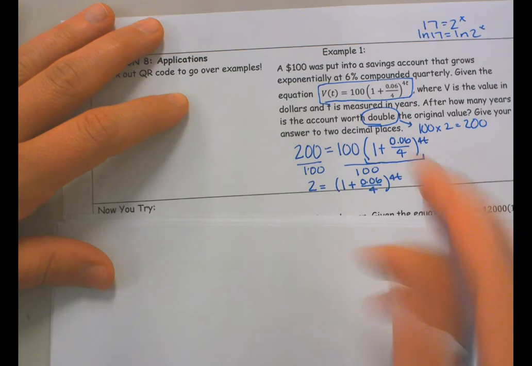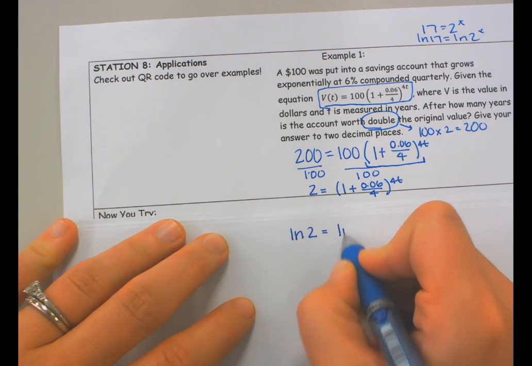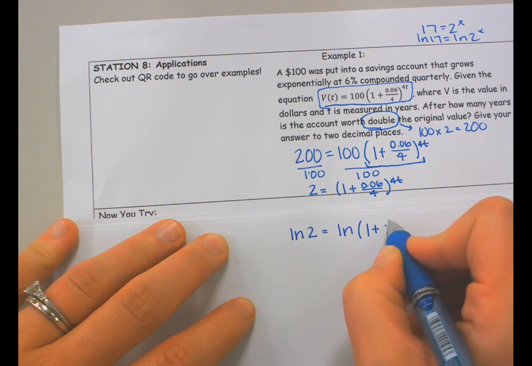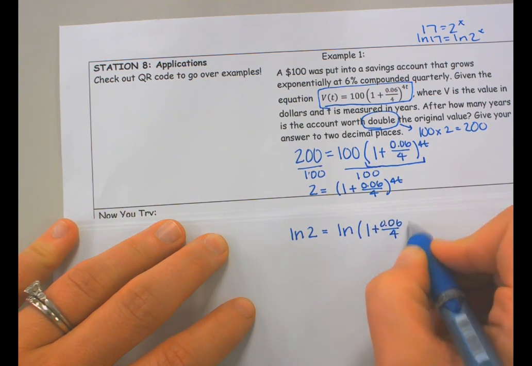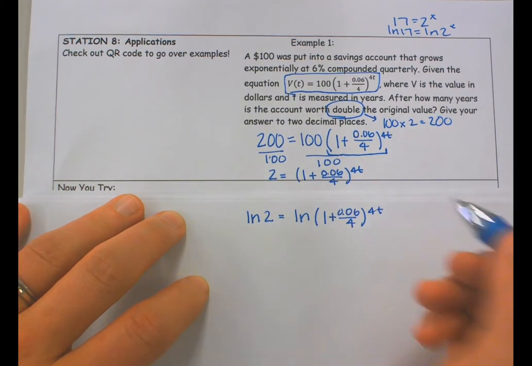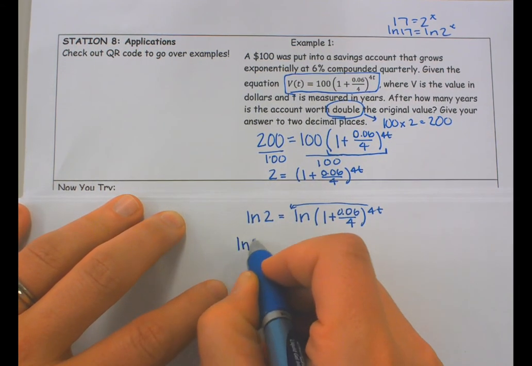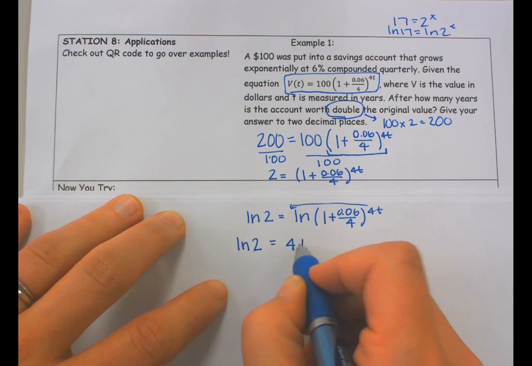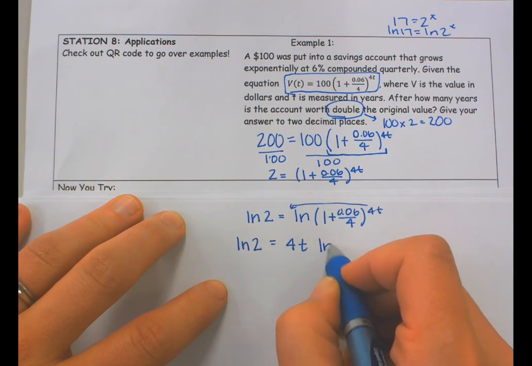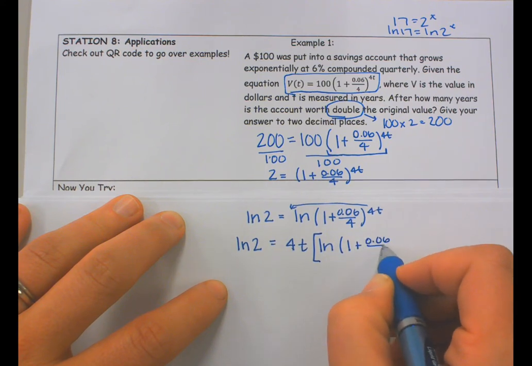I'm going to natural log both sides, so this becomes the natural log of 2 equals the natural log of 1 plus 0.06 divided by 4 to the 4t. And what that allows us to do now that there's a natural log on both sides is bring this exponent to the front. So this becomes natural log of 2 equals 4t times the natural log of 1 plus 0.06 divided by 4.